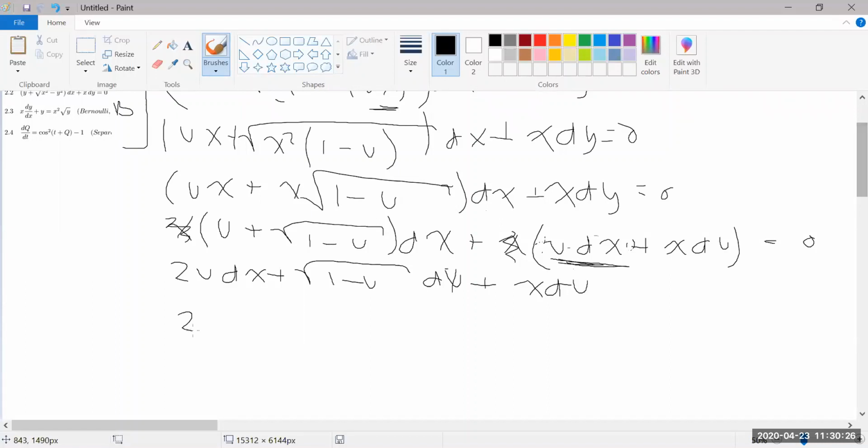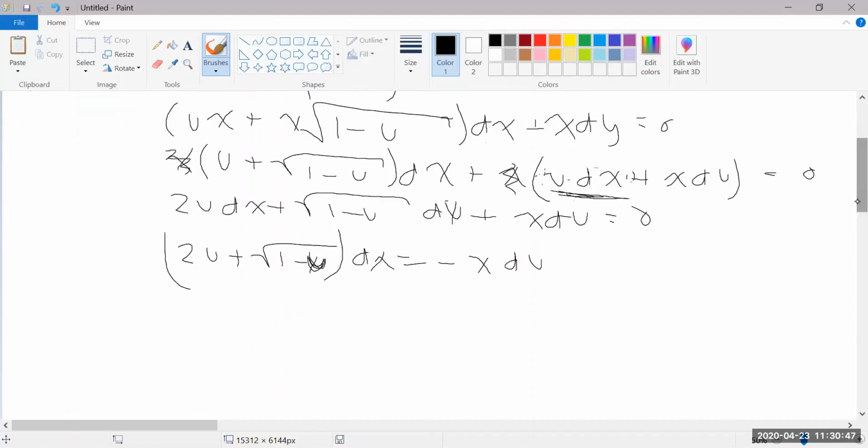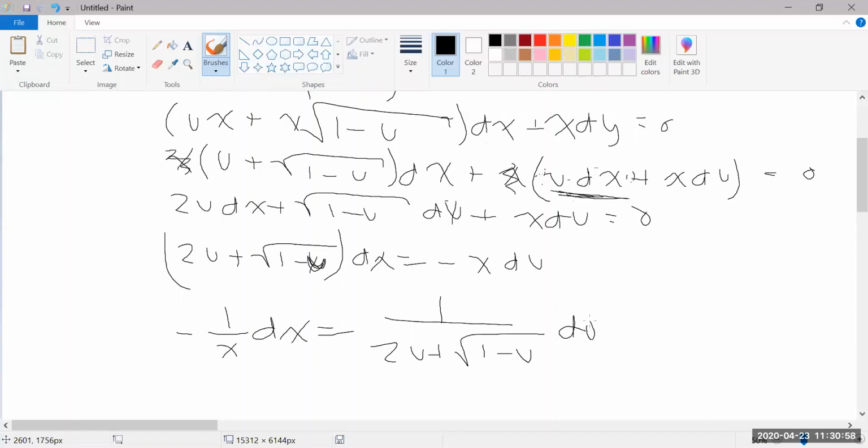Okay, so again, we can factor out that dx, 2u plus 1 minus u dx equals our negative x du, which is going to give us our negative 1 over x dx equals 1 over 2u plus the square root of 1 minus u du.